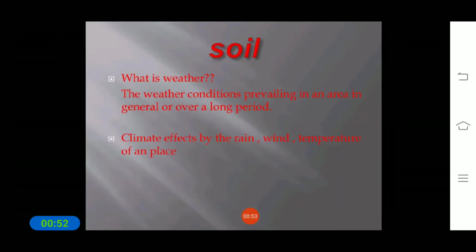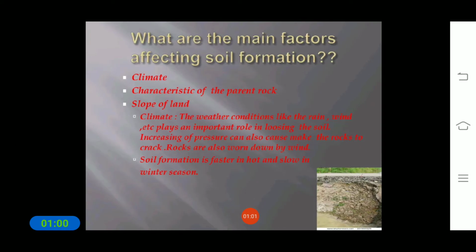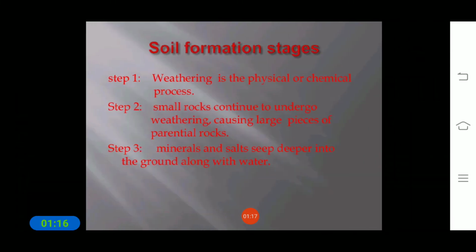We also discussed how soil gets formed, the characteristics of the parent rock, and the main factors that affect soil formation. What are the main factors that affect soil formation? That is climate conditions and the characteristics of the parent rock. We have also discussed how the soil gets formed. It has different stages.